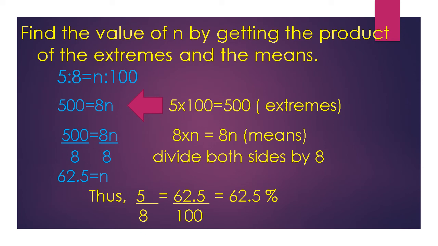So the remaining is n. So the value of n is 62 and 5/10. Thus 5/8 is equal to 62.5 or 62 and 5/10 over 100, which is equivalent to 62.5% or 62 and 5/10%.